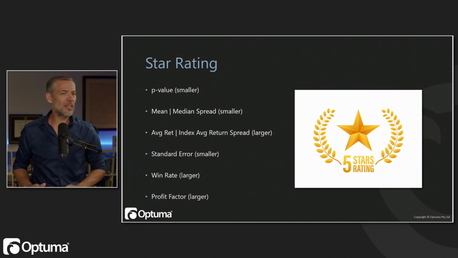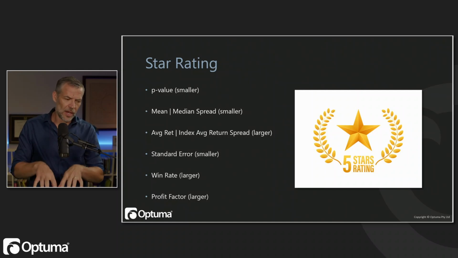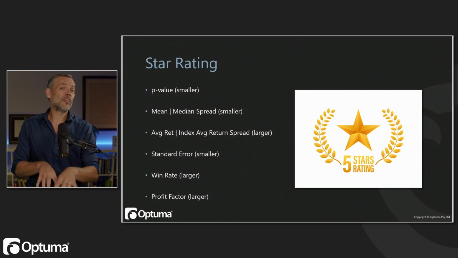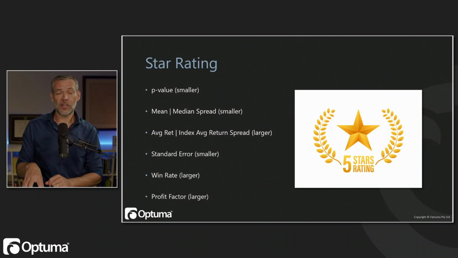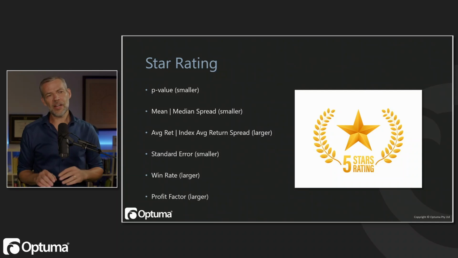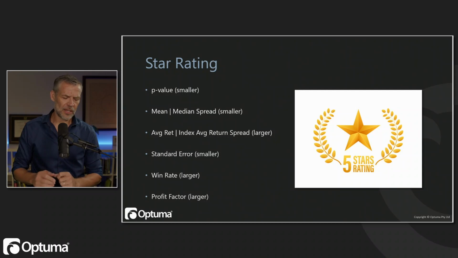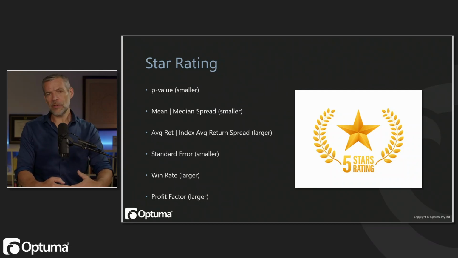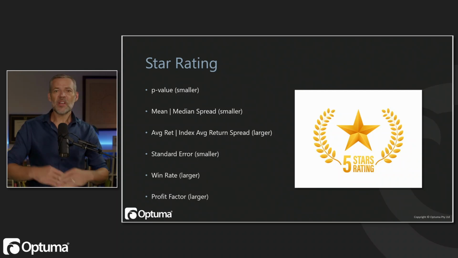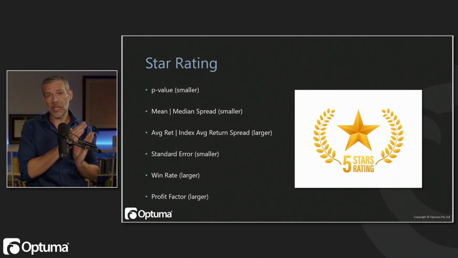Average return versus index return. Like I just said before, I want to see a big spread between that. I want to see that my strategy is adding extra alpha over the index. Otherwise, obviously, that impacts our star rating. Standard error. This is something that we're working with, and you would have seen that on the previous grids that we had standard deviation and standard error. Standard deviation is affected by positive and negative, I guess, dispersion around the mean.